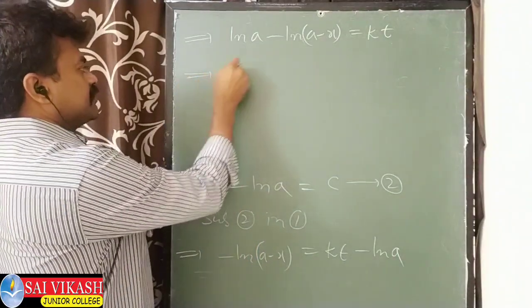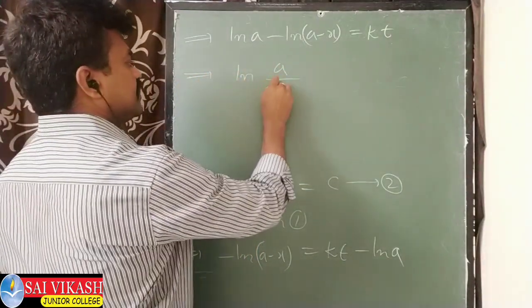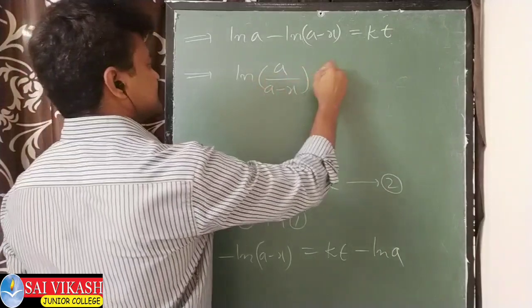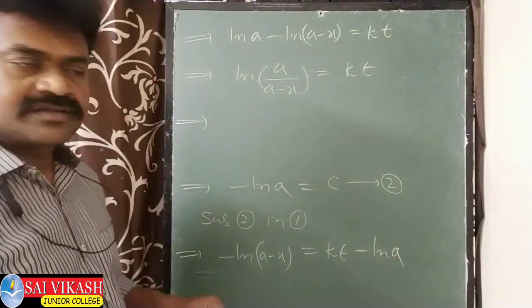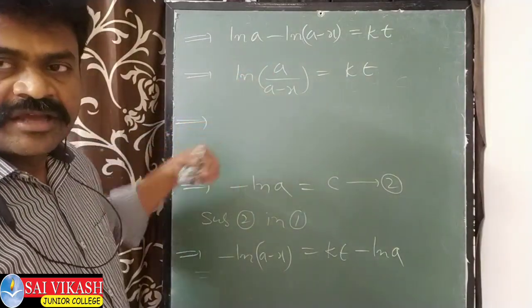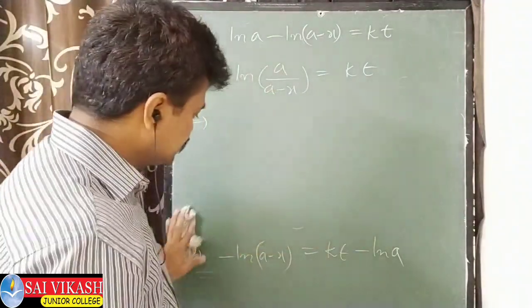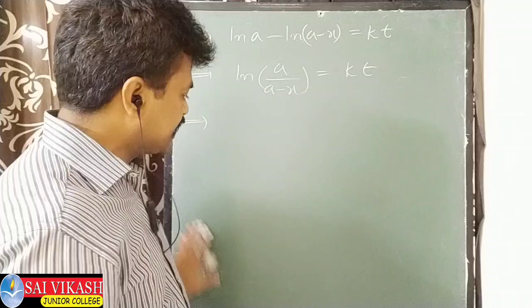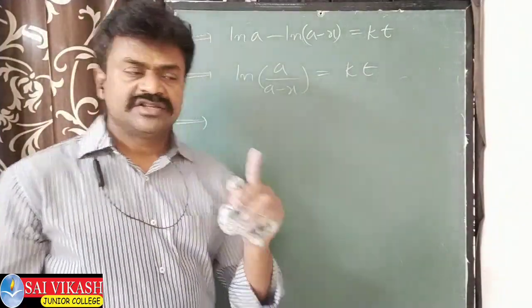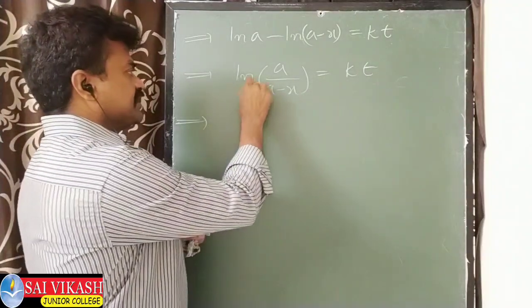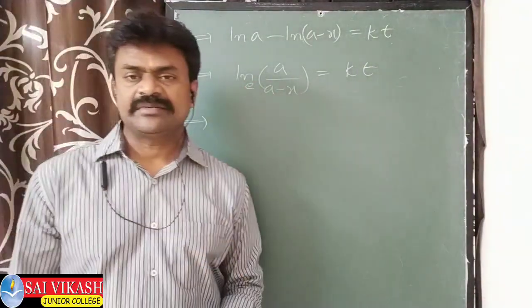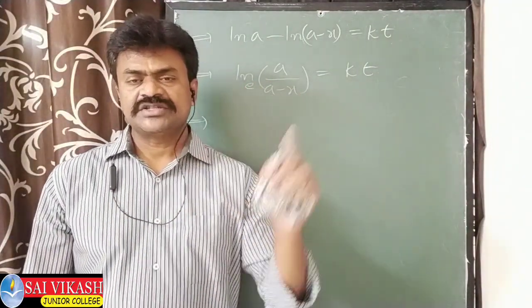So ln a by (a minus x) is equal to k into t. So ये हो गया log a by b. But now I am converting the natural logarithm to the common logarithm. This is ln; ln means to the base e. Base में exponential factor e available. Its value is 2.303.